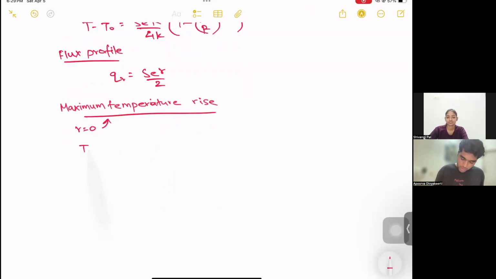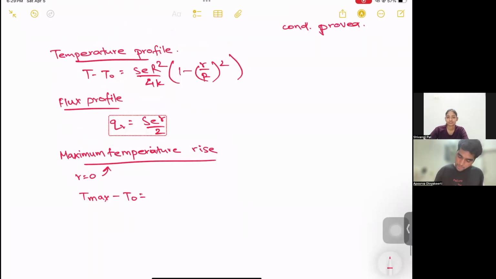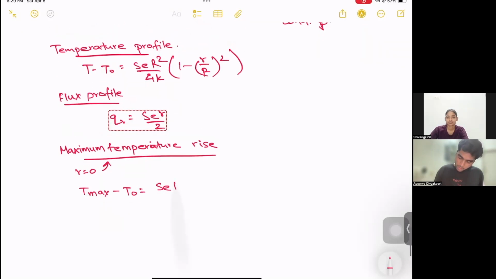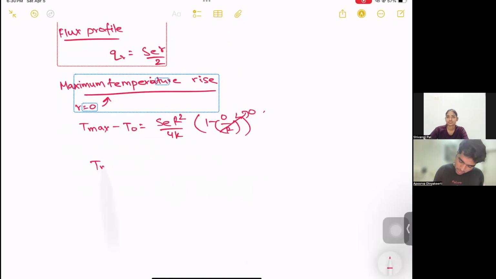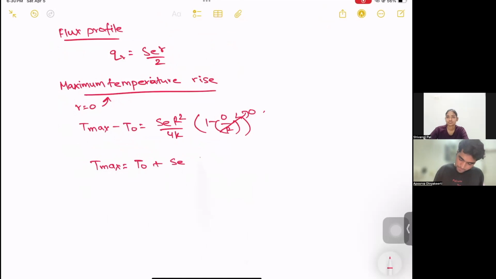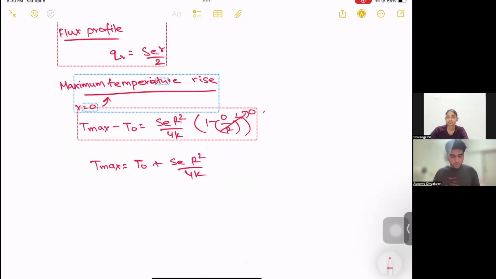That will be T max minus T naught equals S E R square by 4k into 1 minus 0 by R, which equals 1. So T max equals T naught plus S E R square by 4k. So we have got the maximum temperature from this.